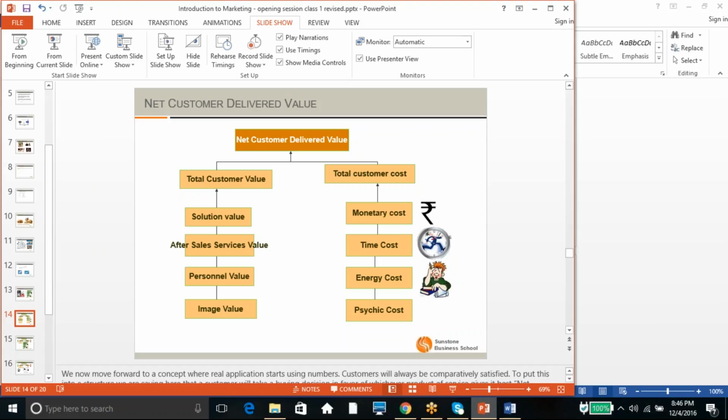Okay, in the next 15 to 20 minutes that we have for this session, let's take up a live example. So someone suggest a solution and suggest two competing brands in that.